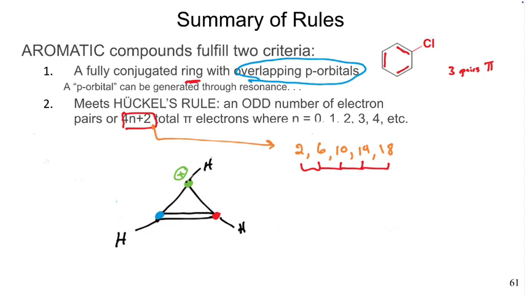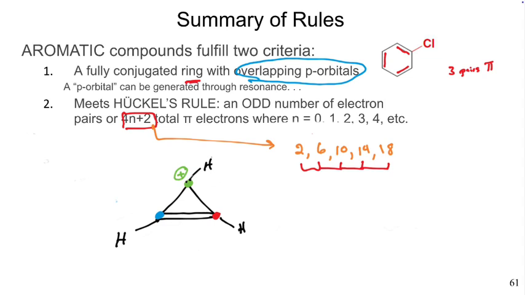What is rule 2? Does it have an odd number of electron pairs, of pi electron pairs? Yes. Yeah, it has 1 pi bond, okay, or 1 pi pair. So it does satisfy that it has an odd number. What are the total number of pi electrons? 2. Was that part of Huckel's rule? Yeah, it was.